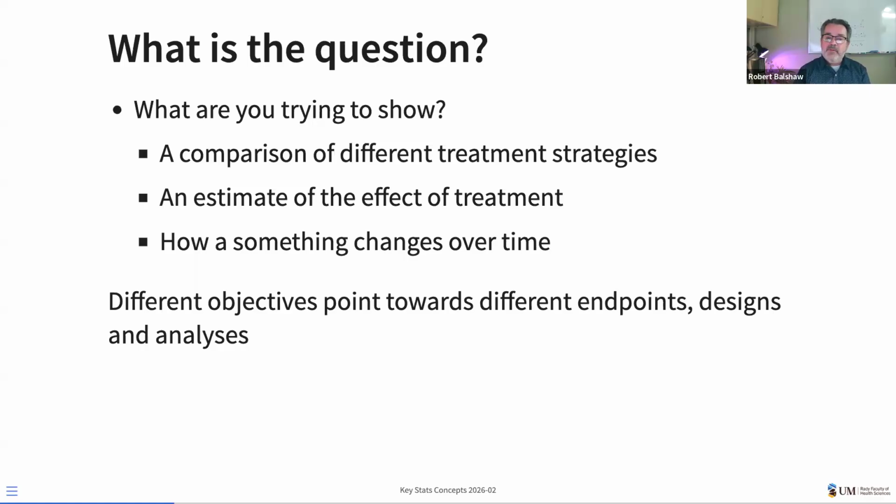Is it an estimate of the effect of the treatment? Though those two sound similar, we'll distinguish them a little more carefully later on. And then, how does something change over time? Are we investigating the changes over time in the clinical phenomena we're looking at? Those different objectives will point towards different endpoints for the study, different designs, and ultimately different analyses.